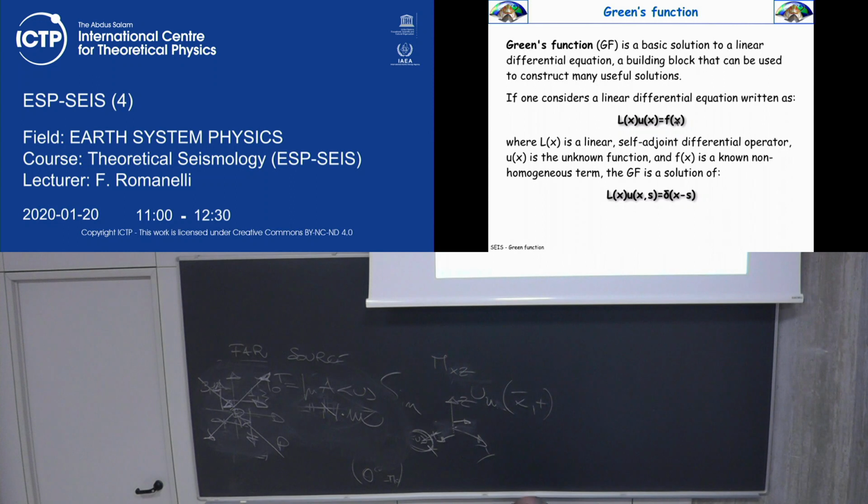Just to wake you up, it's like this in this row. With globes, it's working different, so it's not a delta, but it's something different. Okay. So if I clap my hands here and you record with a microphone there, you will get a recording. That's the Green's function with me at this point here and the mic at that point there.